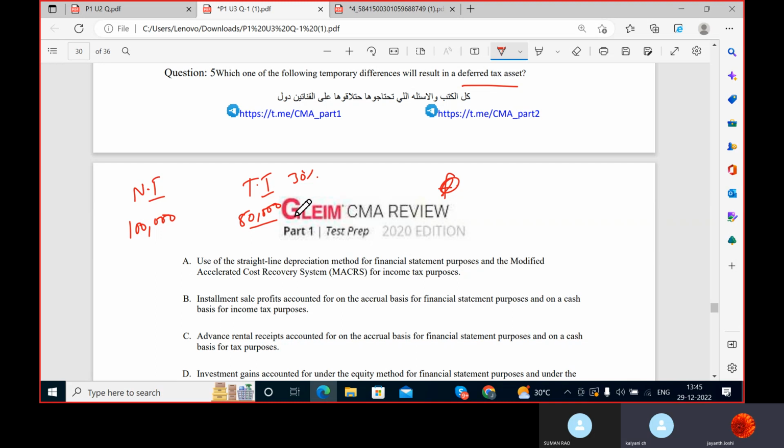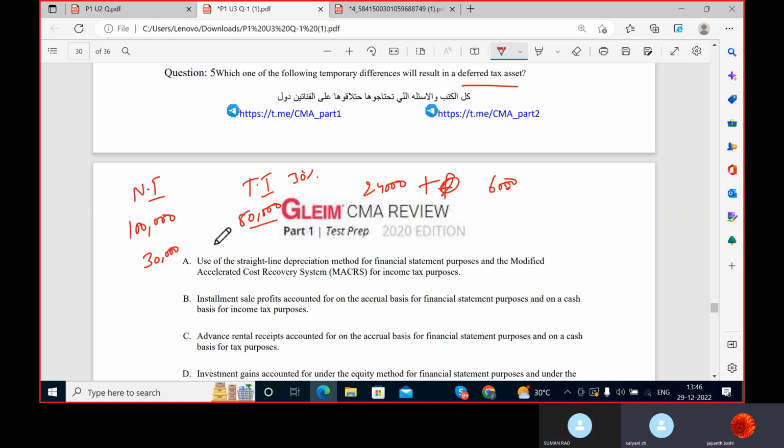So 80,000 into 30% is 24,000. As per the financial reports, the expense should be 30,000. You are paying 24,000. So DTL is 6,000, correct?